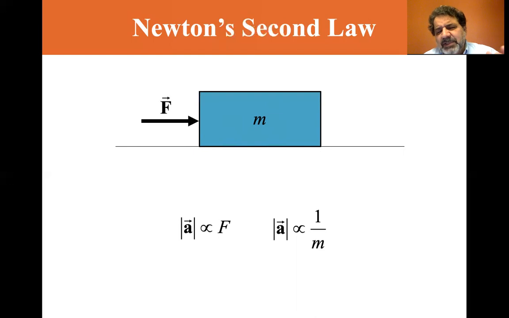If you cut the mass in half and apply the same force, you're going to get twice the acceleration. So acceleration is inversely proportional to the mass and directly proportional to the force.